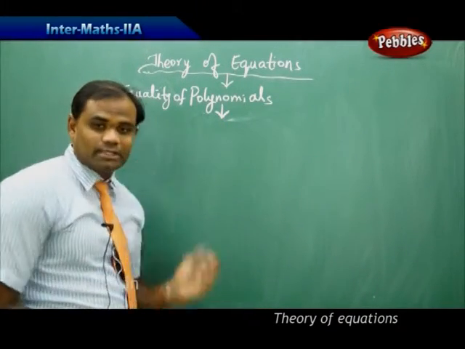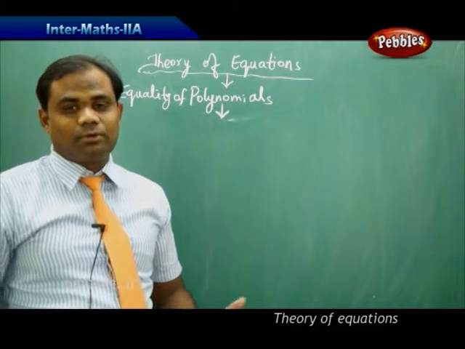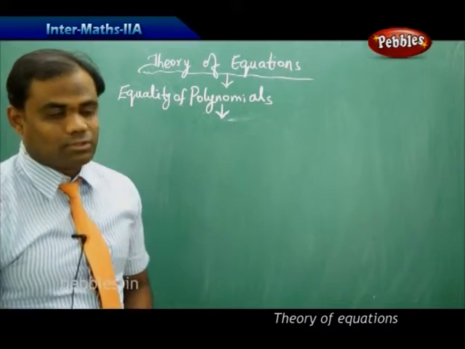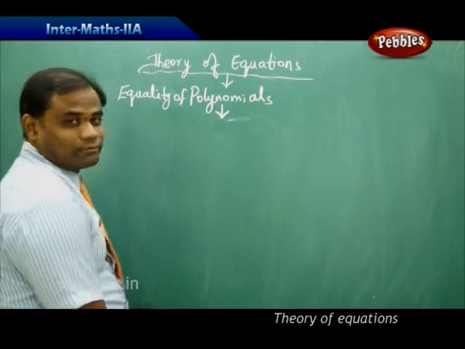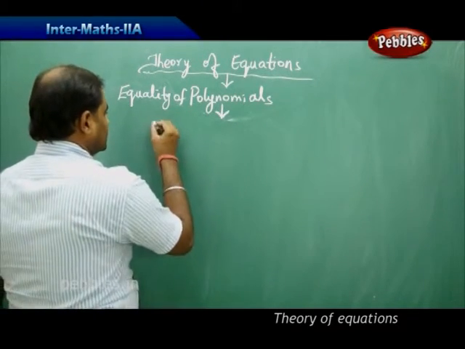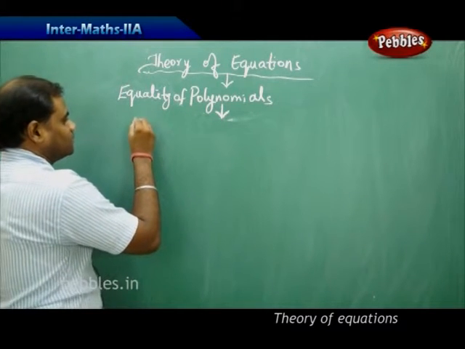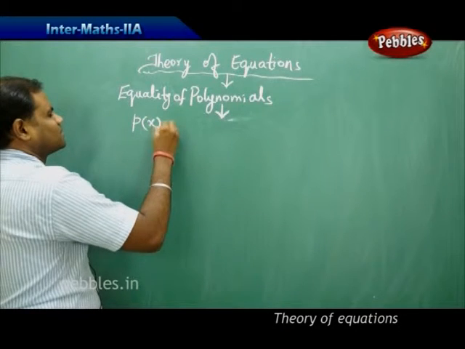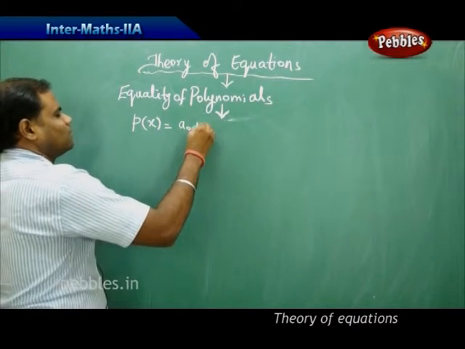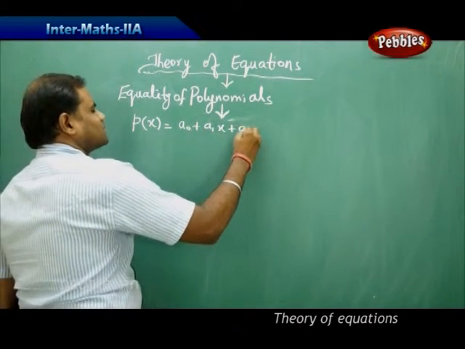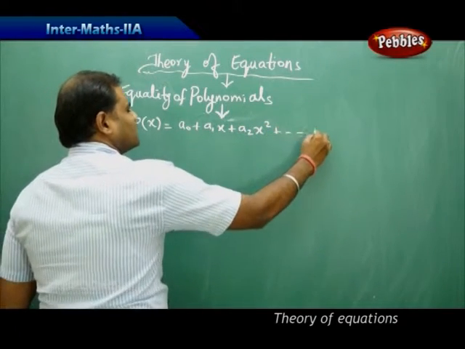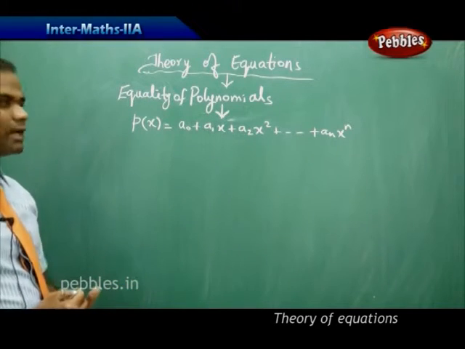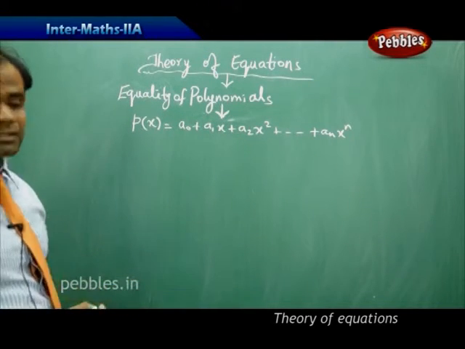In order to do this, let me consider two basic polynomials and study their equality. The two general polynomials, both of degree n, that I take are as follows. Firstly, p of x, which is in the form a naught plus a1 x plus a2 x squared till an x power n, is the polynomial I take of degree n in x.